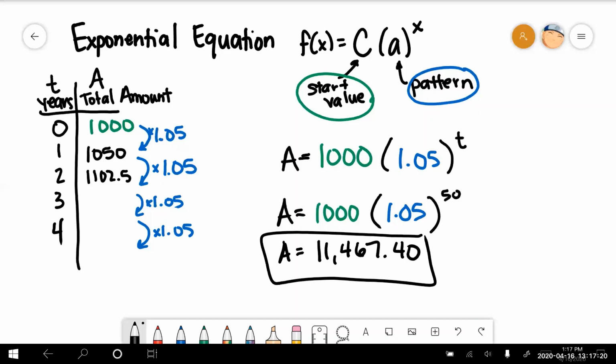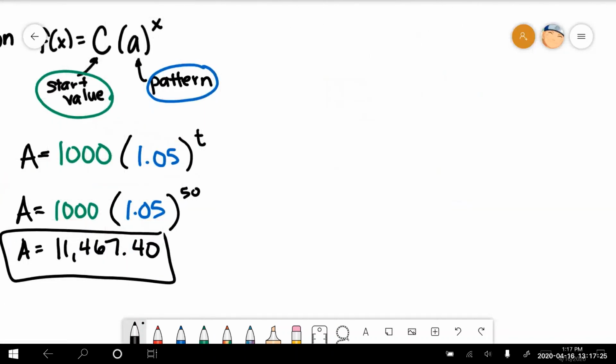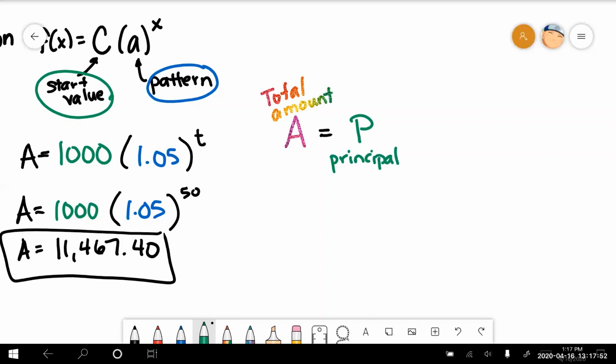So let's go ahead and generalize what we just came up with. I'm going to scoot all this over. Okay. Pretty much what we've done is we've said that A equals some total amount. Let's use a different color here. Let's rainbow A. A is our total amount. And to determine this total amount, I'm multiplying the principal, or the initial value that's deposited or loaned, credit cards, all that kind of stuff.